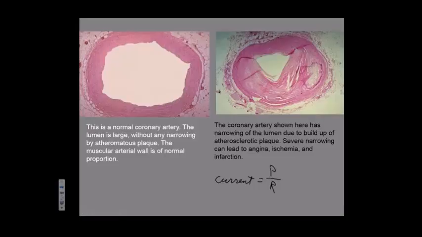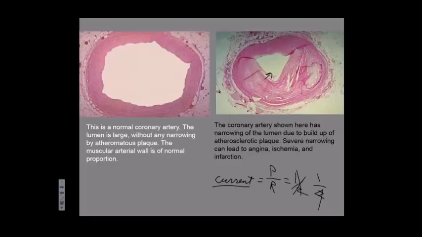So if our current is 1/2, okay, whatever that value represents, 1/2 some type of flow. And if we narrow the vessel, then we increase the resistance, and it's no longer going to be equal to 1/2. It might be half of that, or 1/4. By increasing the resistance, we decrease the current.